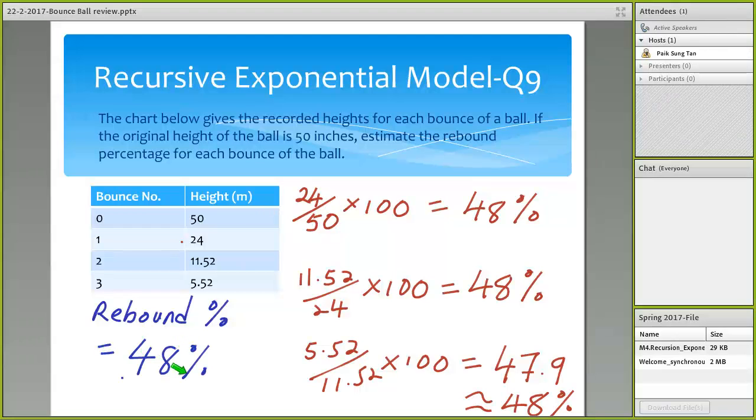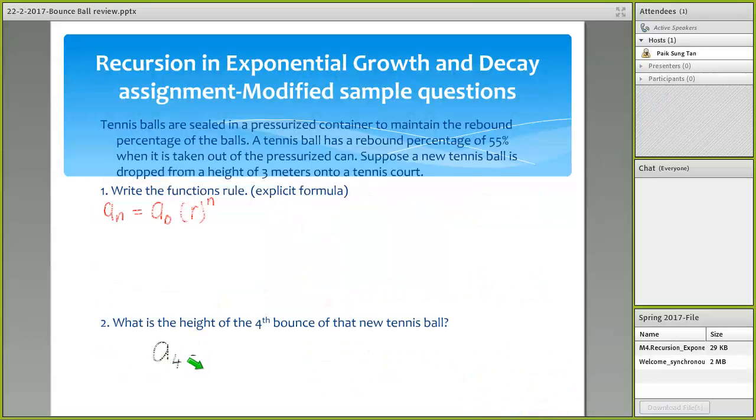Okay. So that's the rebound percentage. Good. If you have any questions when you're watching this, please send me an email.